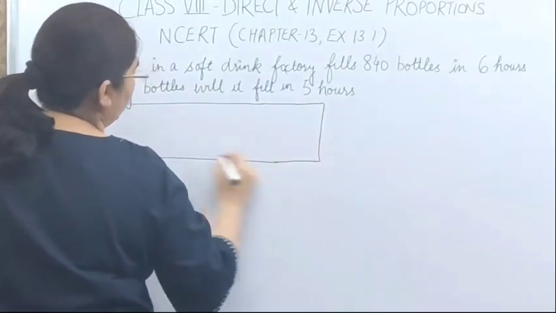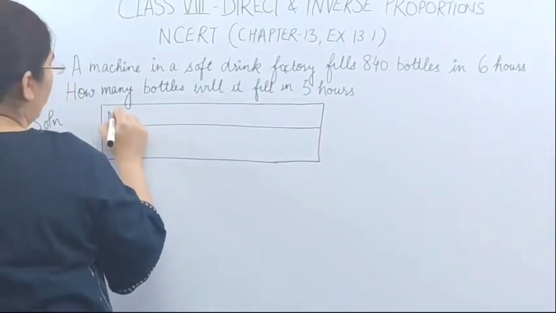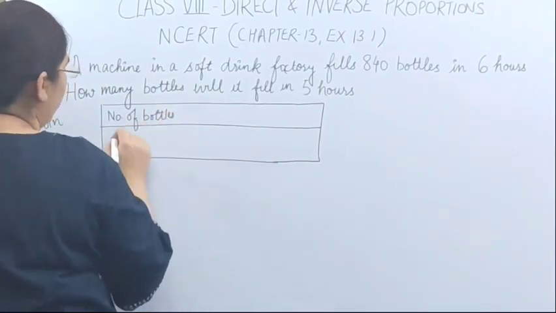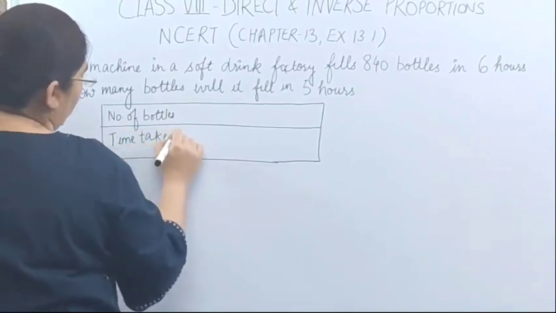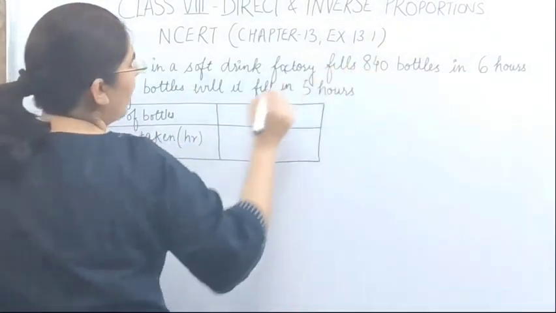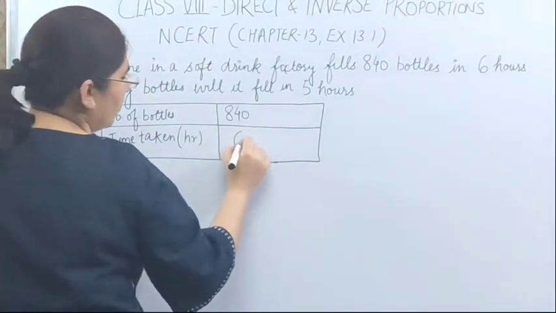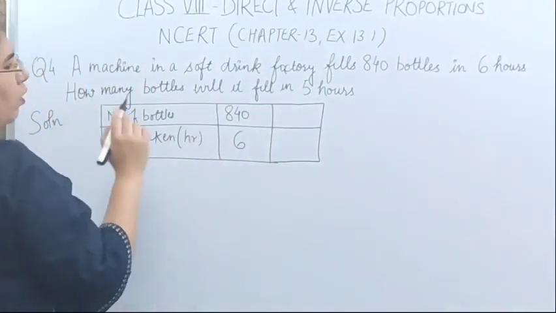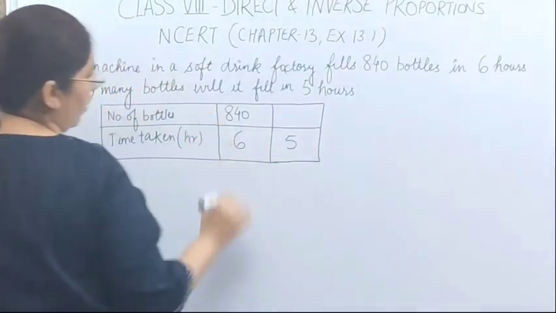So it says number of bottles and time taken in hours. So for 840 bottles, the time taken is 6 hours. So how many bottles will the factory be able to fill in 5 hours?